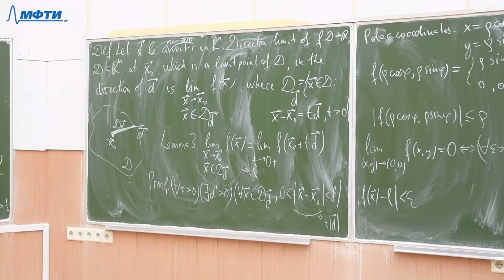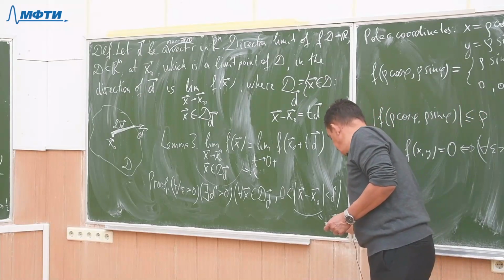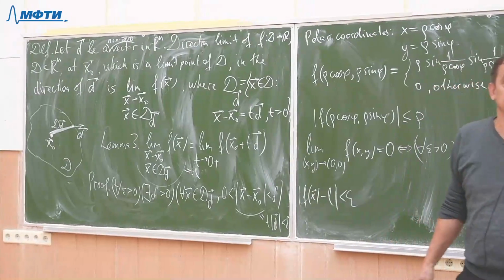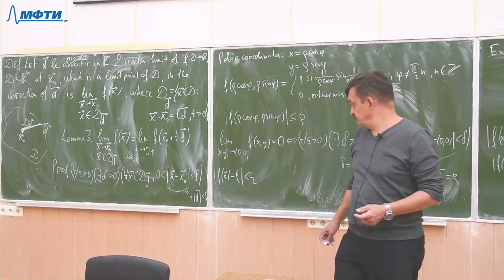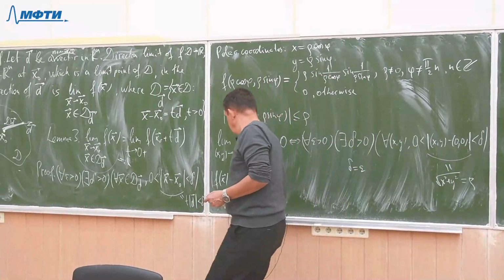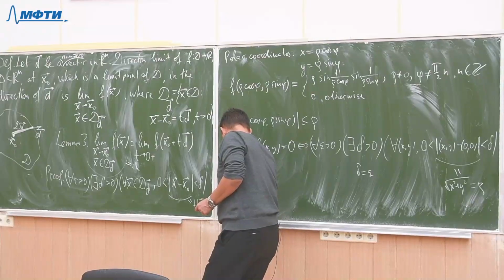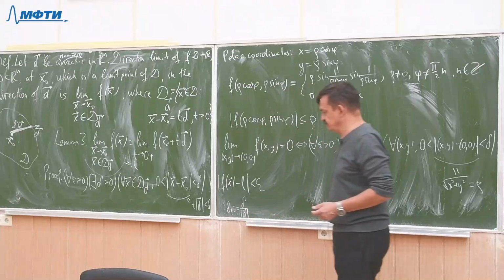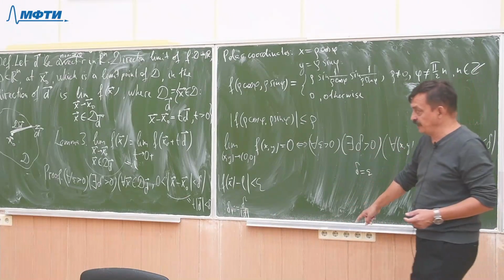So I can rewrite, look, the only restriction is less than delta, right? But then I can define delta 1 equals delta over the modulus, the length of d. Then I can rewrite it as follows.